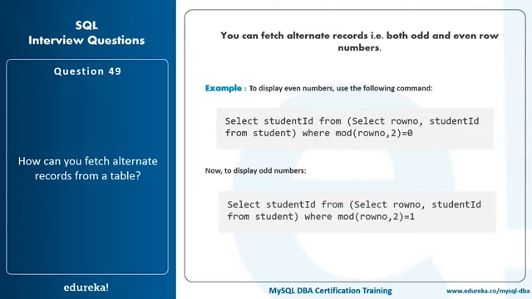When you divide the row number by 2, and if you get the remainder as 0, then that particular row number would be an even number. Similarly, if you get a remainder as 1, then that row number would be an odd number. That's how you can segregate the alternate records. You just have to mention the condition mod(row number, 2) equal to 0 for even, and mod(row number, 2) equal to 1 for odd.